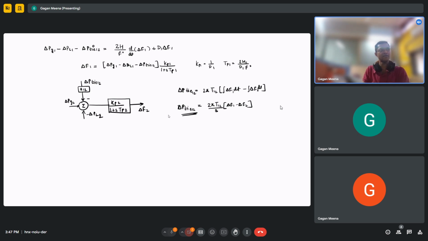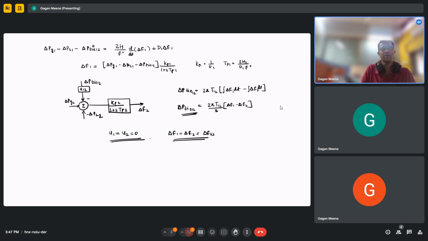we will find the steady state deviation in the areas. For the uncontrolled system, delta F1 and delta F2 will be equal to some delta F steady state.